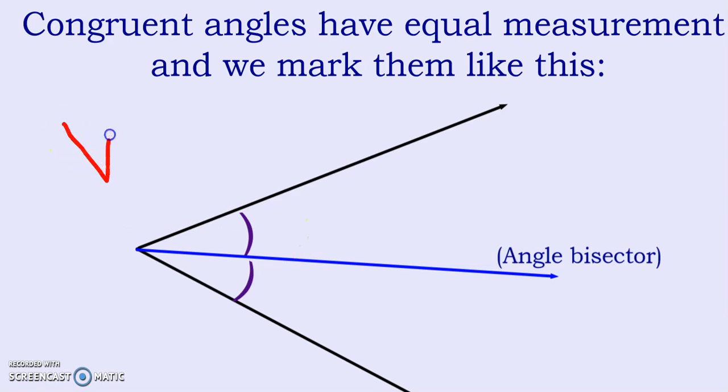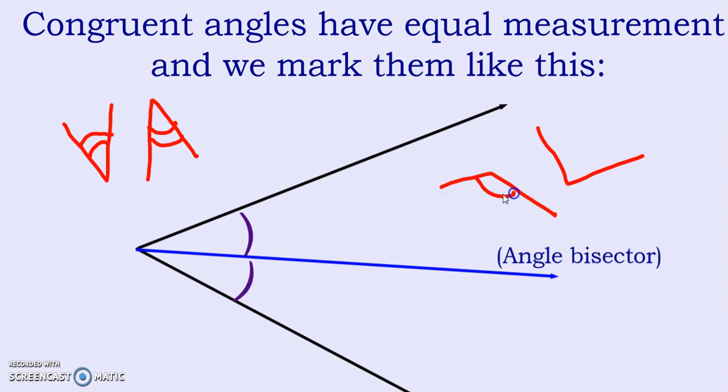Other ways we can mark would be, if I have these two angles, I can put two arcs. I could also have two other angles, and I could put three marks. I could also put a little tick mark, a little line through them. As long as the angles that we're marking have the same mark on them, we're showing that they are congruent.